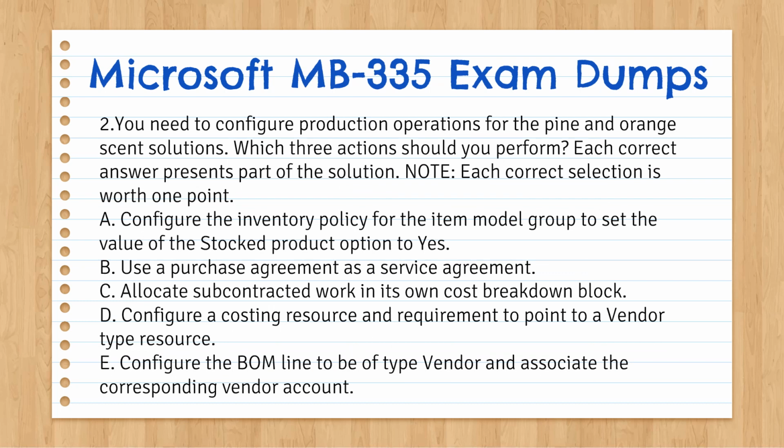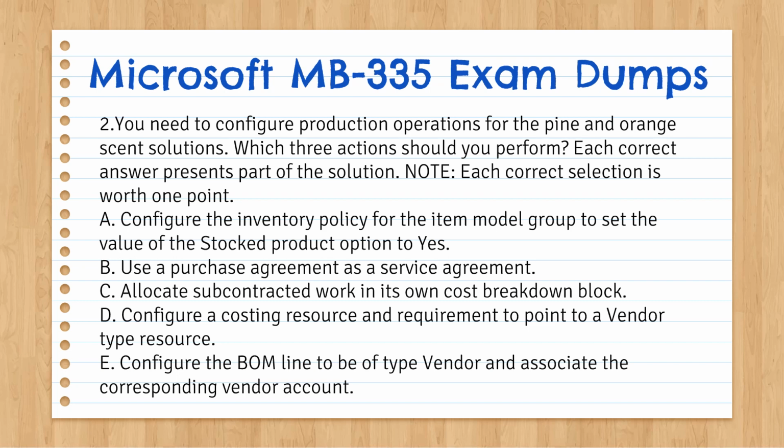2. You need to configure production operations for the pine and orange scent solutions. Which 3 actions should you perform? Each correct answer presents part of the solution. Note: each correct selection is worth 1 point. A. Configure the inventory policy for the item model group to set the value of the stocked product option to yes.